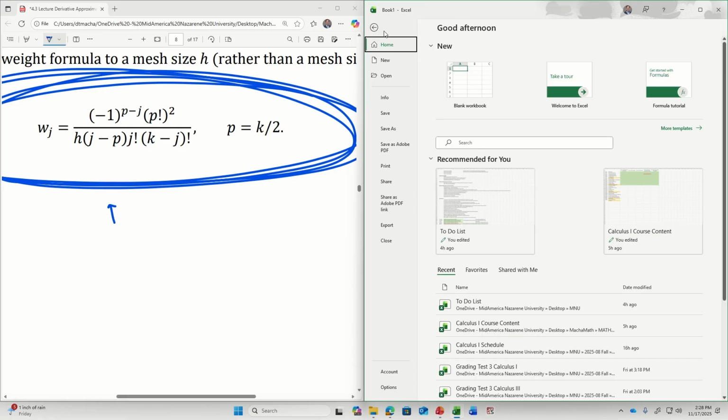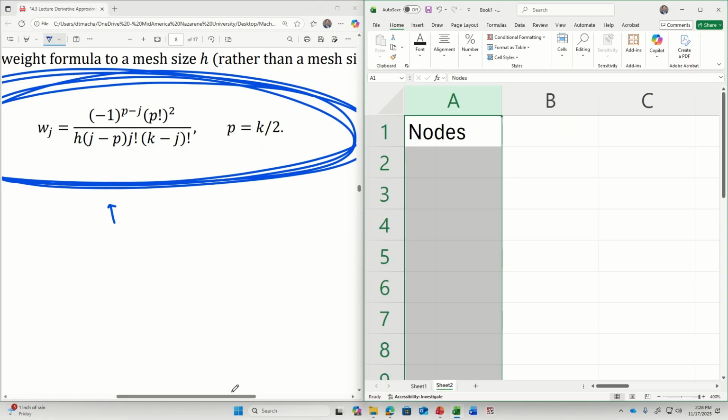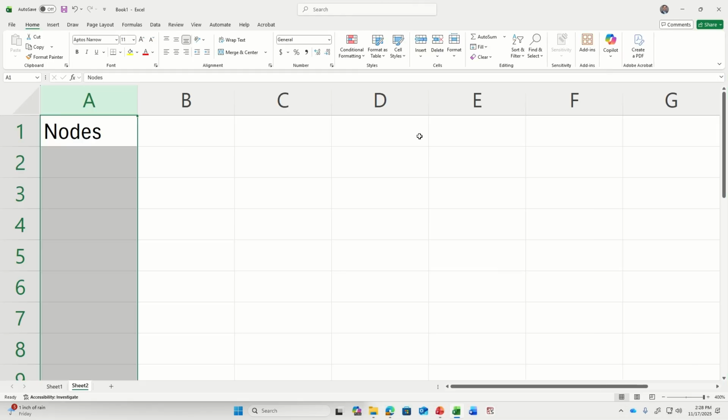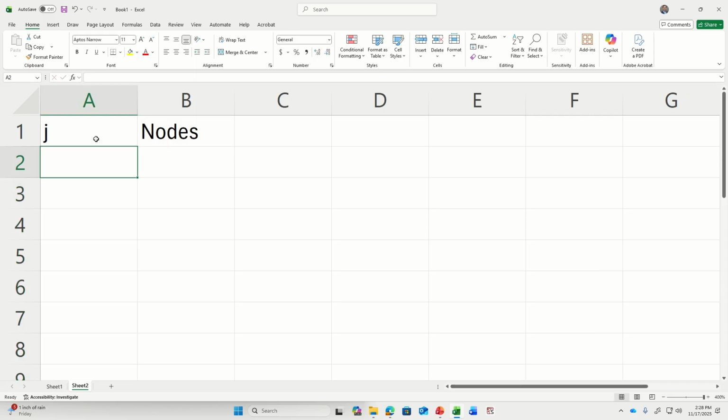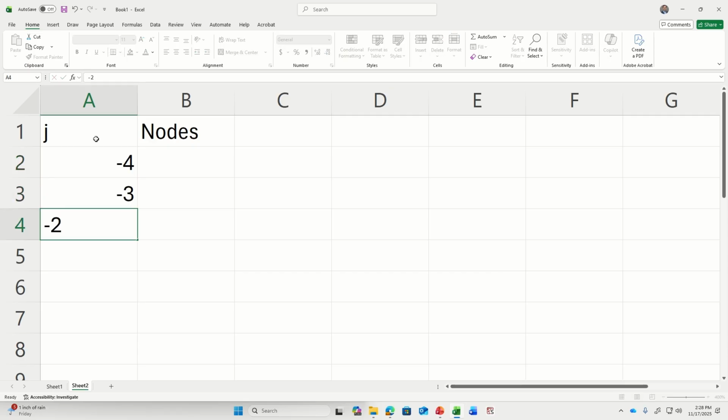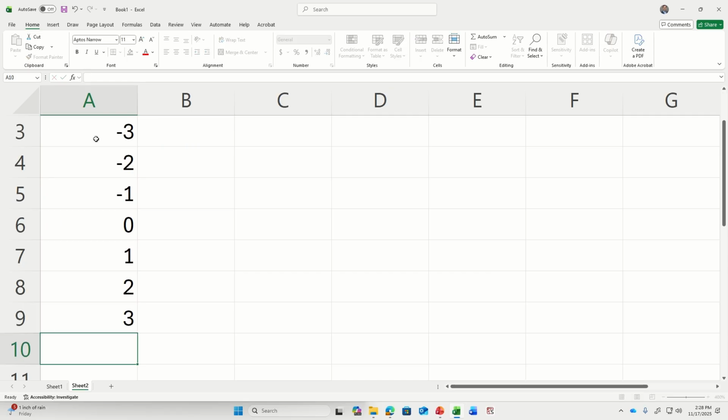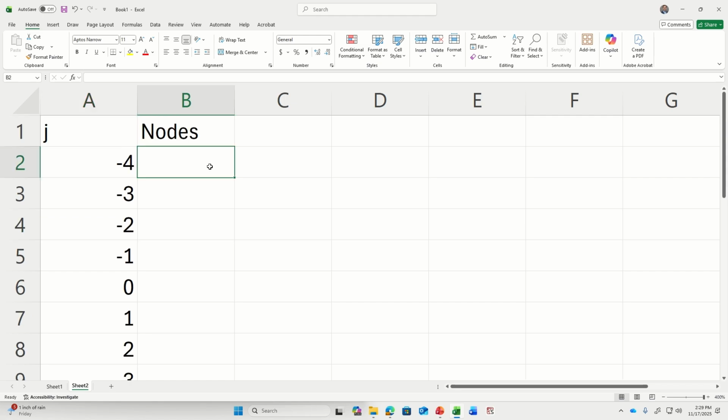If I want an approximation with 9 nodes, I think that was the biggest one I need, then I'm going to have -4, -3, -2, -1, 0, 1, 2, 3, 4. And the nodes are going to be 2 plus my mesh spacing times j.